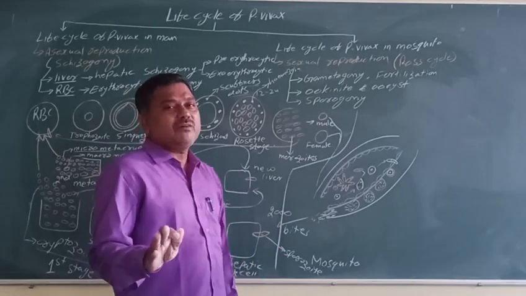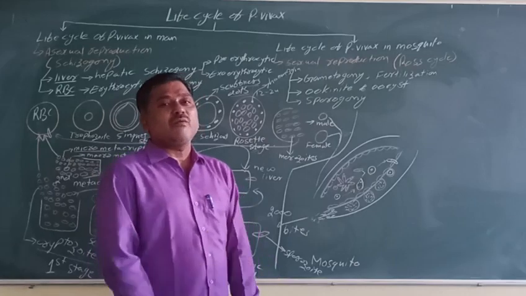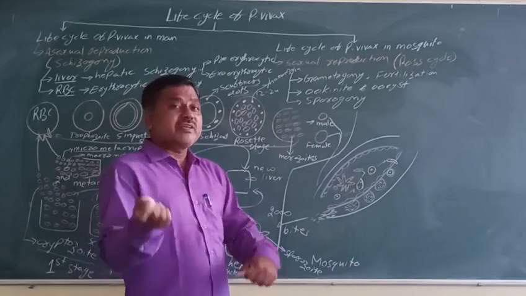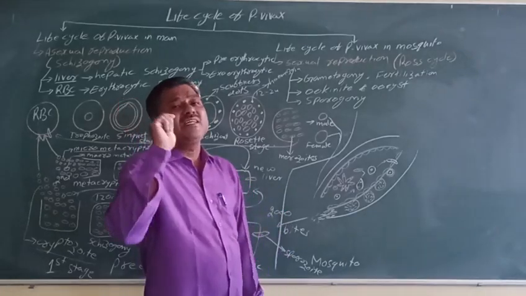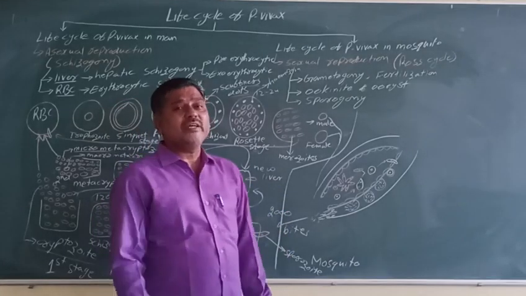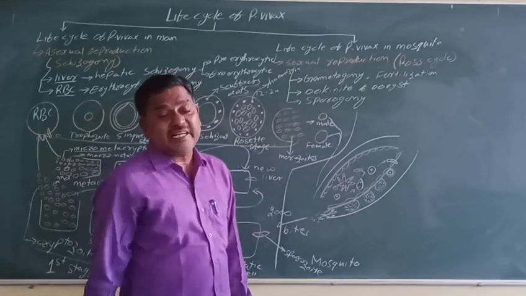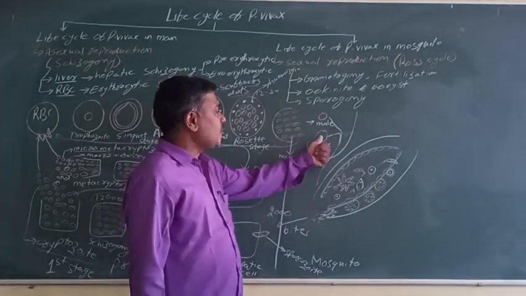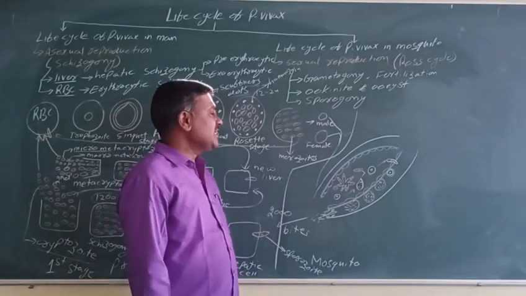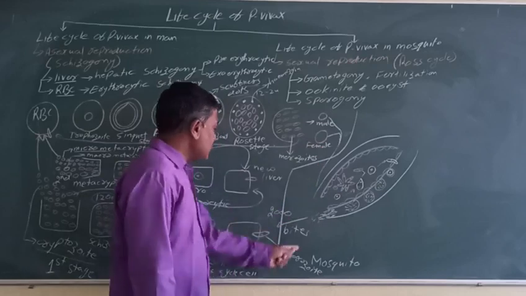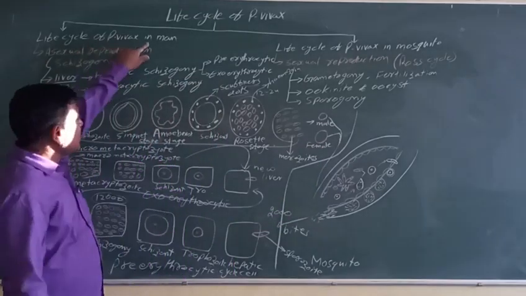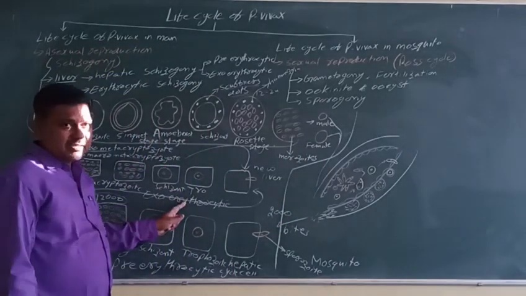They remain in our blood for 1 week. If a new mosquito bites, they enter into its body, or they degenerate in our body. So this is the life cycle of Plasmodium in man.